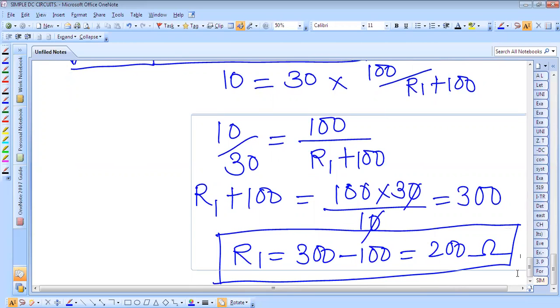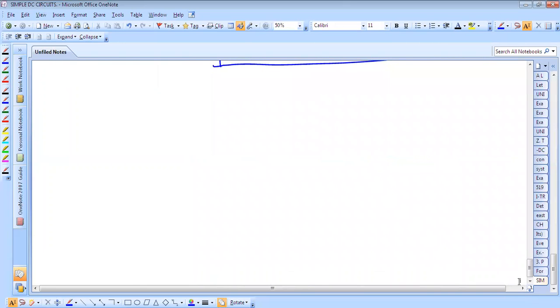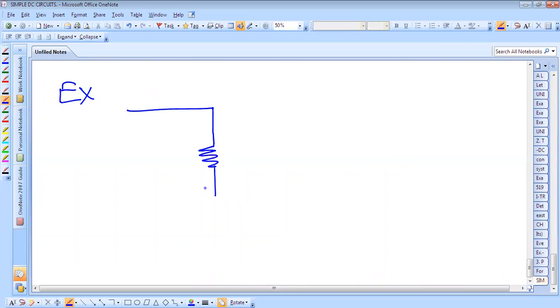Now let us come to the parallel circuit. For example, we have two resistors connected in parallel.